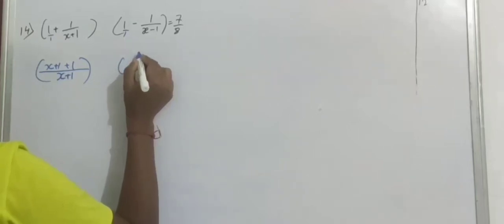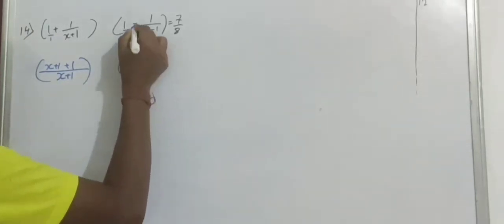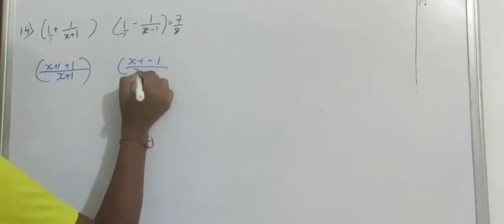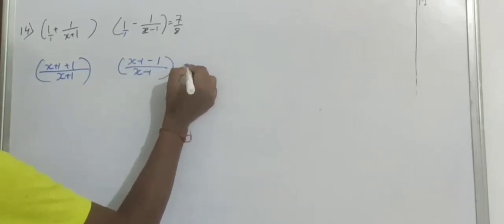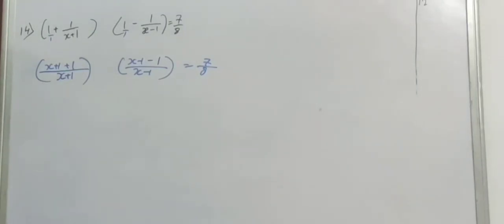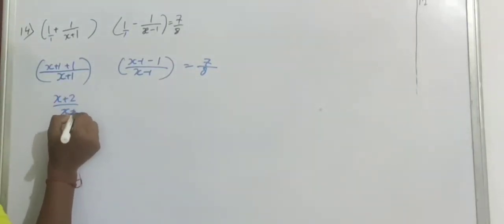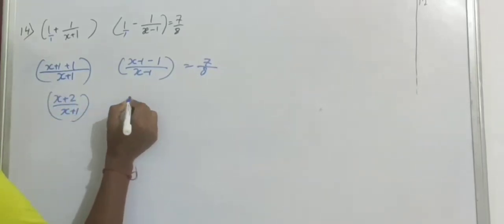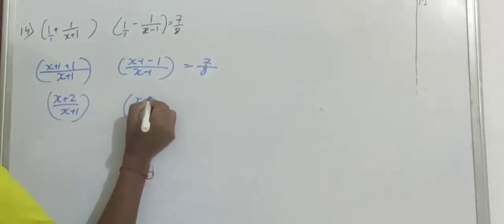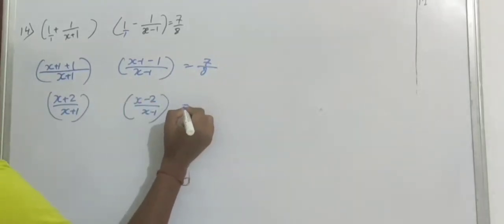And here x minus 1 into 1, it will be x minus 1 only, minus 1 by x minus 1 as the denominator, then 7 by 8. Now solve this, it will be x plus 2 by x plus 1 and this is x minus 2 by x minus 1.